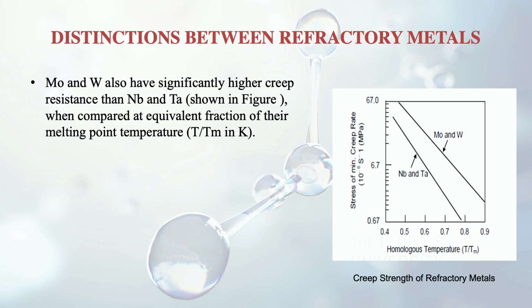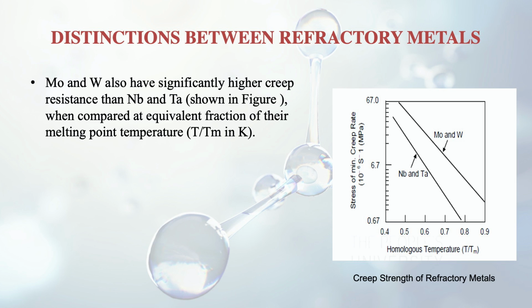So continuing with that, molybdenum and tungsten again have significantly higher creep resistance than niobium and tantalum, and this is given in this figure, which has homologous temperature on the x-axis and stress on the y-axis. So you can see here that the Mo and W curve is somewhat higher than the Nb and Ta curve.